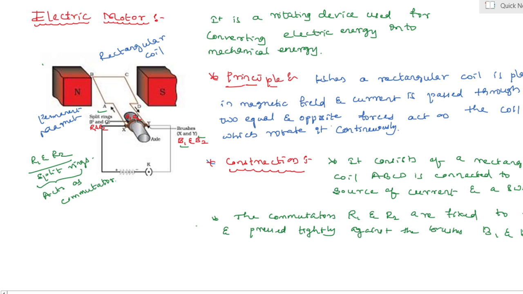The function of the commutator, the split ring, is to reverse the direction of current flowing through the coil after every half rotation.